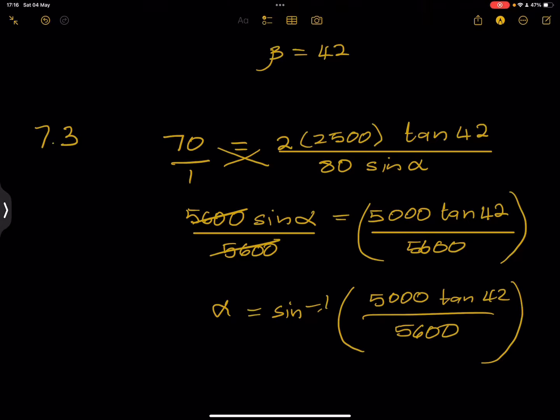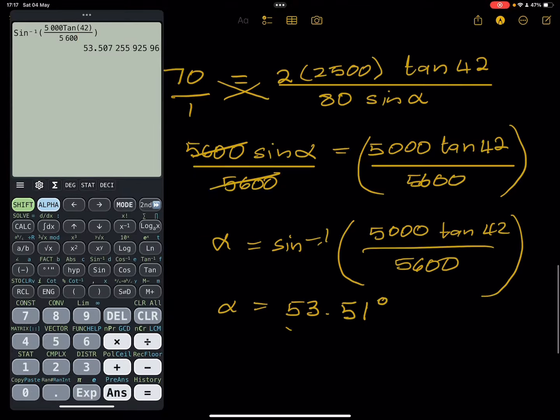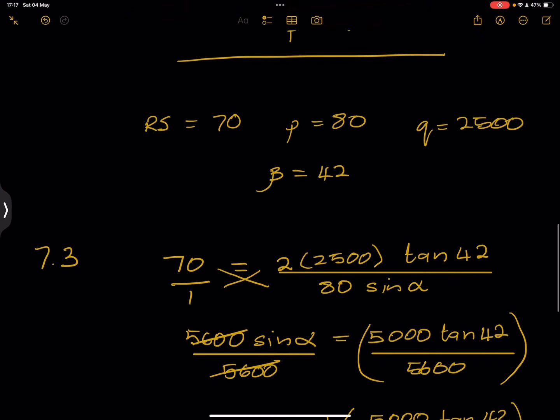Okay, so what I'm going to do there is I'm just going to make that into just one thing. So that's 5,000, the tan of 42, okay, and I am going to close that bracket, and that's divided by 5,600. Okay, so I find the angle alpha to be 53.51 degrees, and that's how we're going to find the angle alpha. All right, hope that has been understood, ladies and gents.